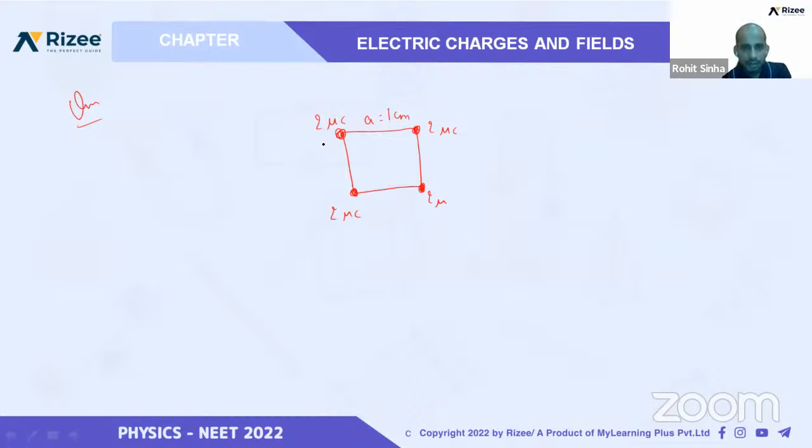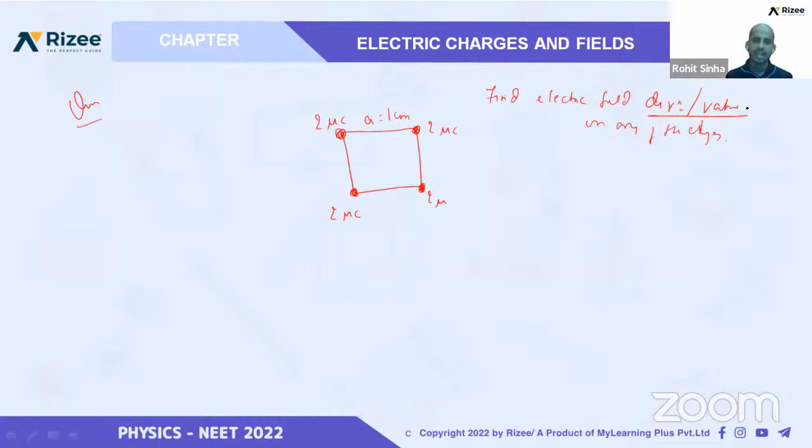Find the electric field direction on any of the charges. You have to find the direction and also the value. Let us find both value and direction.